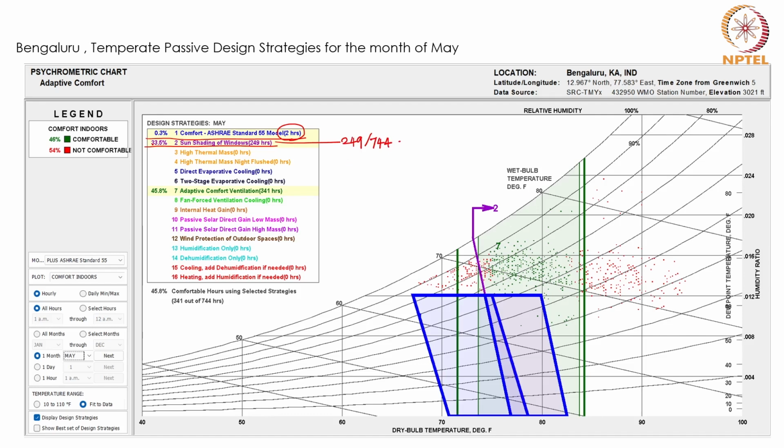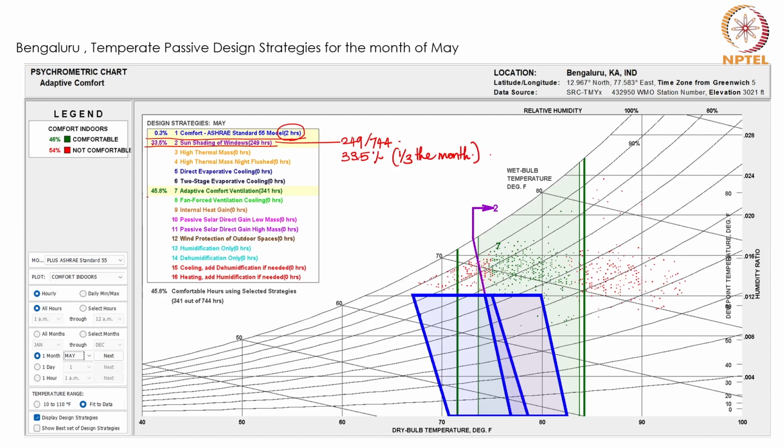So, appropriate shading can enhance comfort inside by 33.5%, which is approximately 1/3 of the month of May.